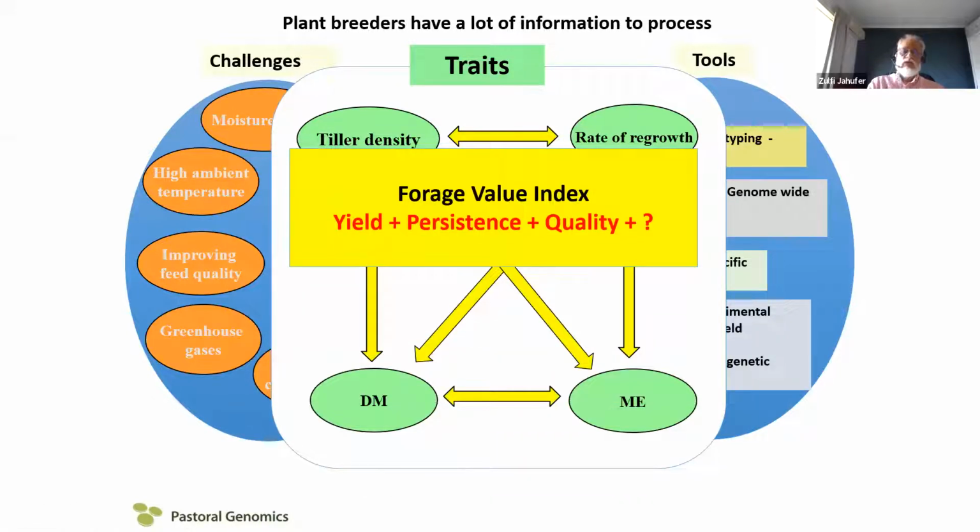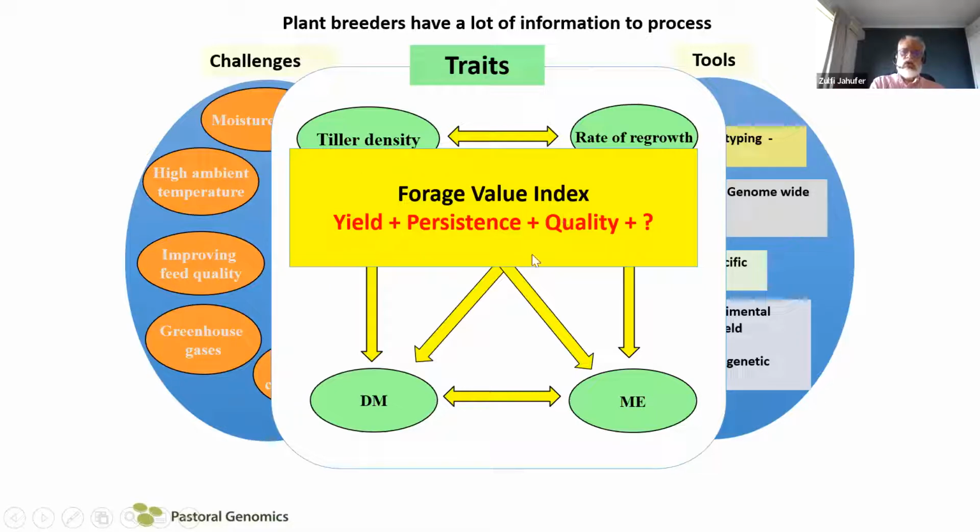Now, in New Zealand and in Australia too, we have another challenge that plant breeders have. I'm sure even the tree breeders, for example, have these challenges. I'm not very sure about wheat breeding, etc. But at the moment we have to breed for a forage value index. That is, you have a combination of yields, persistence-driven traits, like for example in white clover, we have vegetative persistence, so traits that drive vegetative persistence, and of course quality, and what will we look at in the future.